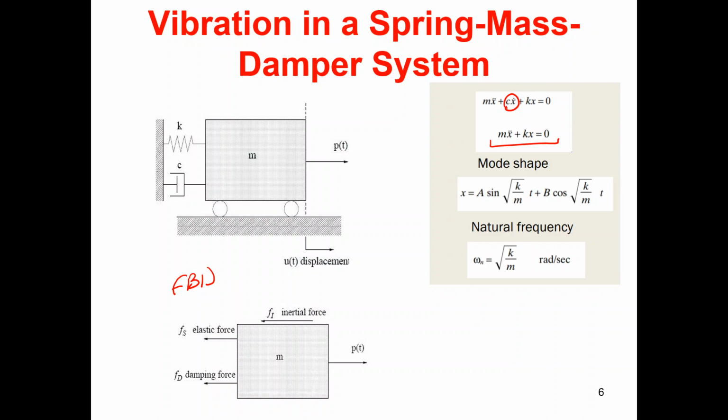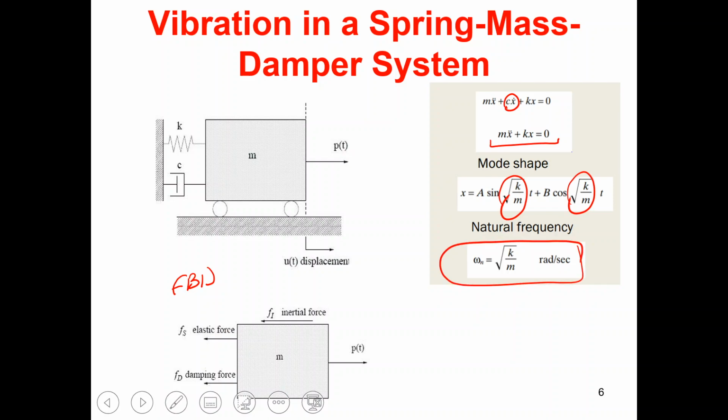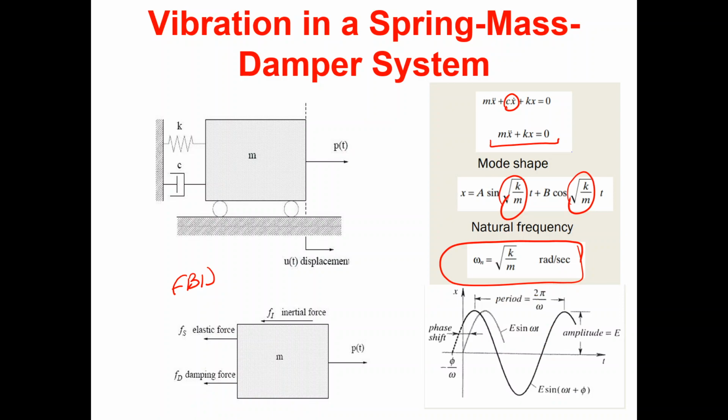Your x is going to equal, this is a general mode shape, a sine of square root of k over m t plus b cosine of square root of k over m t, right? And this square root of k over m is called the natural frequency of the system. So your mode shape is going to look something like this.